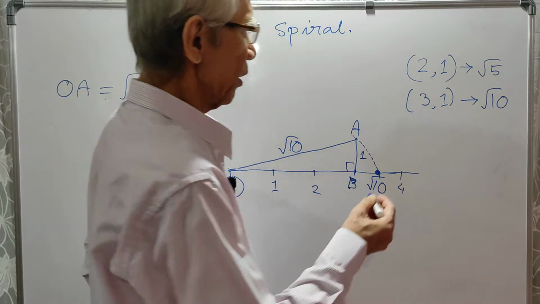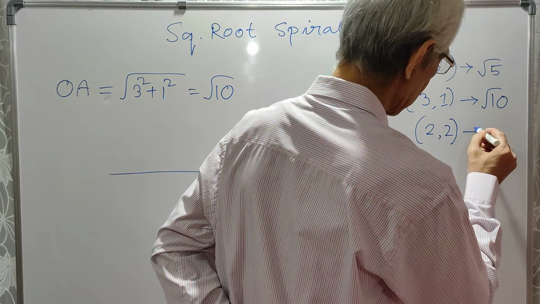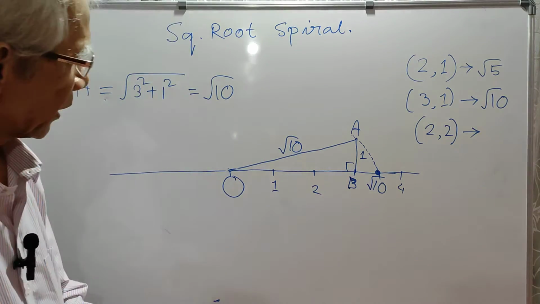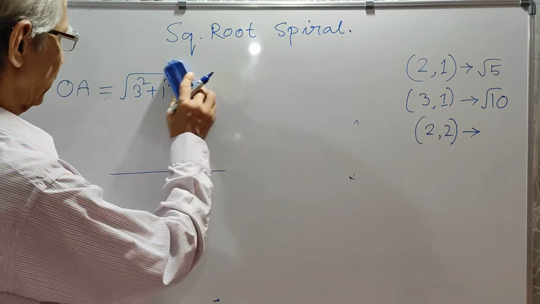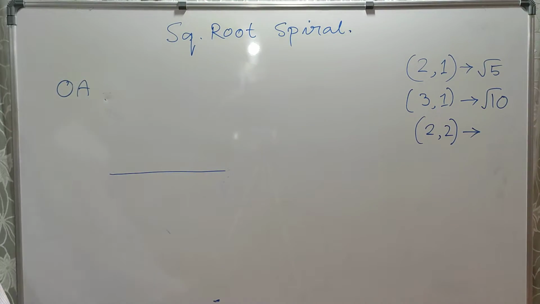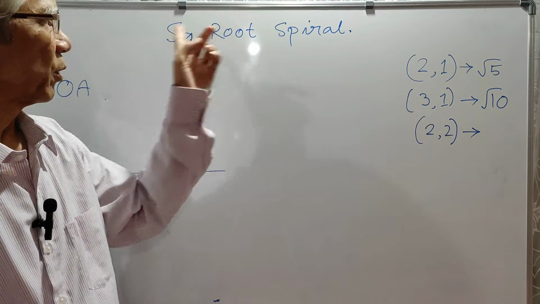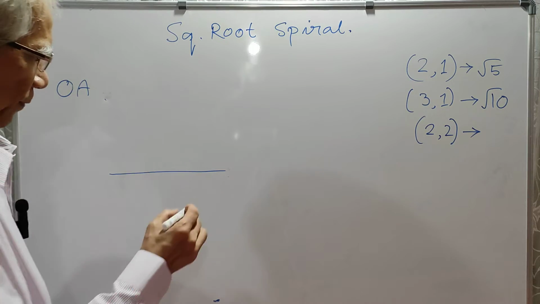Now let us see what we get by taking 2, 2. In this method, we are trying to avoid using the square root spiral.